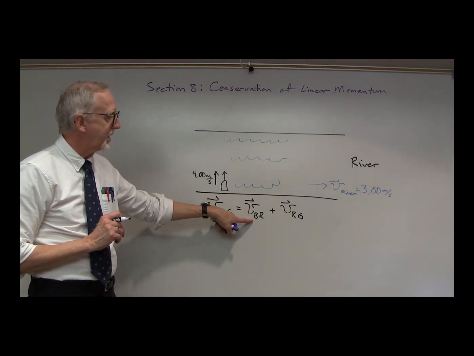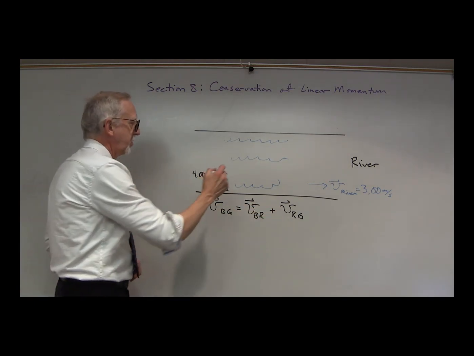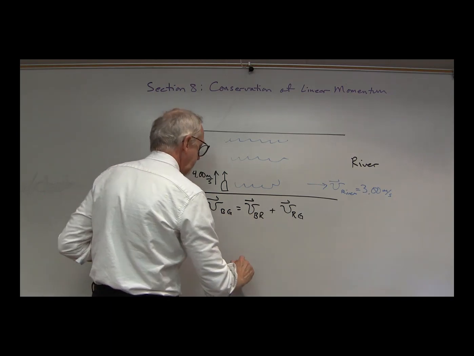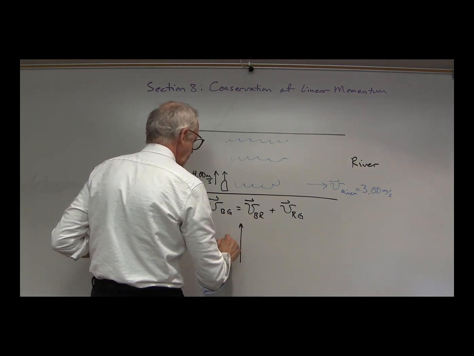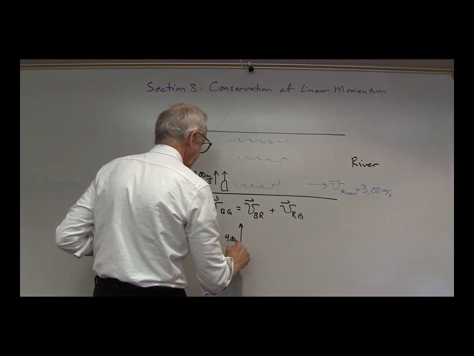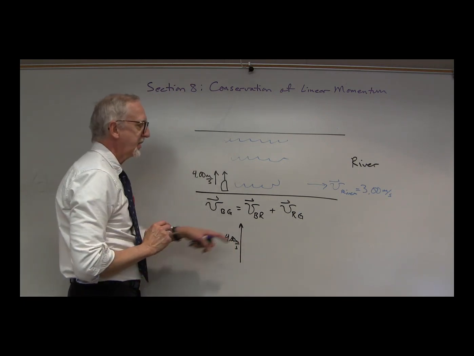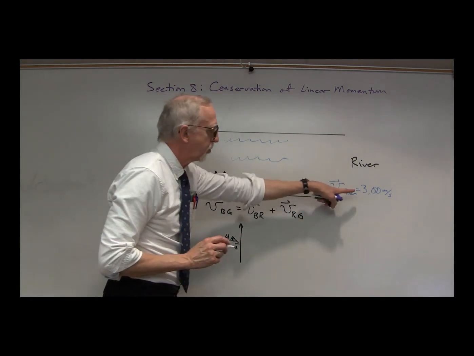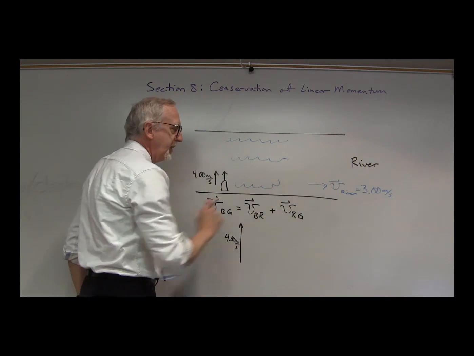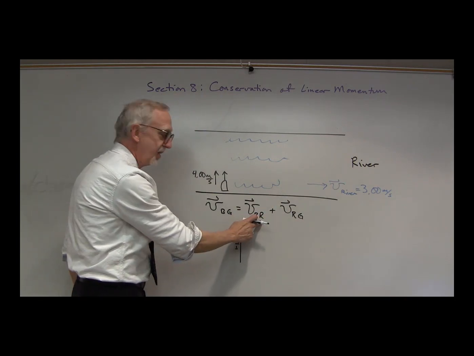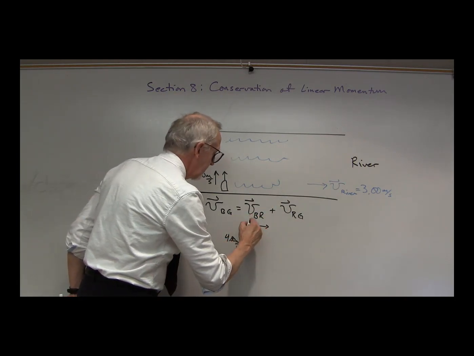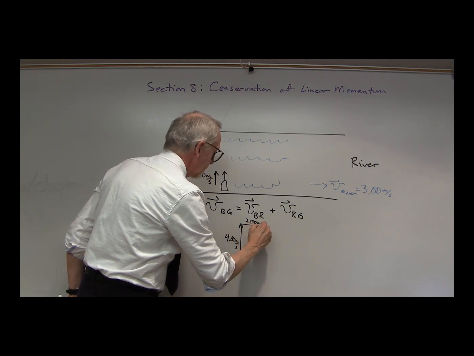What is the velocity of the boat relative to the river? Well, it is a vector that looks like this. It's up this way with a magnitude of 4 meters per second. What is the velocity of the river relative to the ground? Well, it is going to the right at 3 meters per second. We have to add it onto this vector. It looks like that, 3 meters per second.